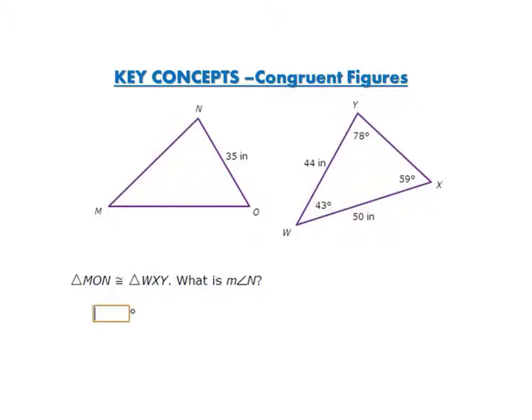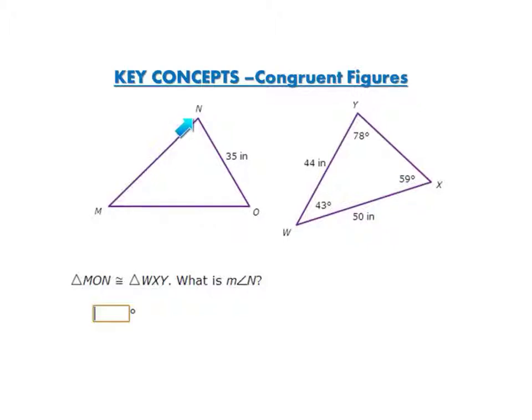All right, it says that triangle MON is congruent to WXY. So I have my MON, and that is congruent to WXY. It says, what is the measurement of angle N?